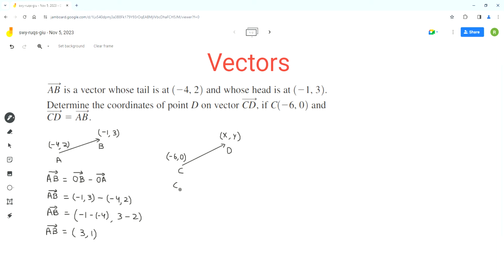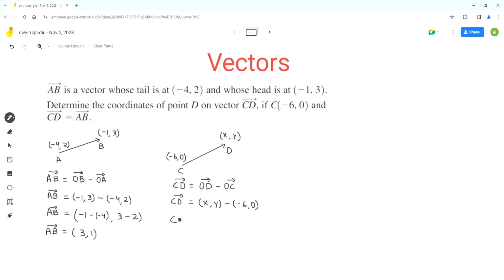First we can break down vector CD into its position vectors. That can be written as OD, where O is the origin, minus OC. The position vector OD is equal to the coordinates of point D, so this is (x, y), minus OC, which is (-6, 0). We just have to subtract these two position vectors.